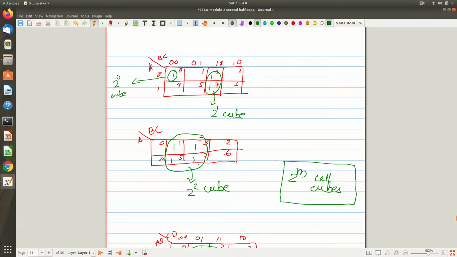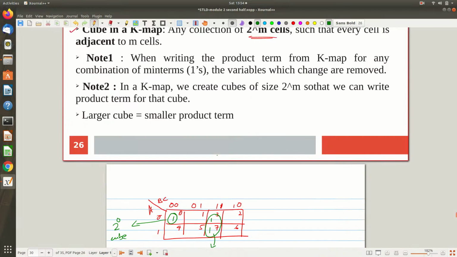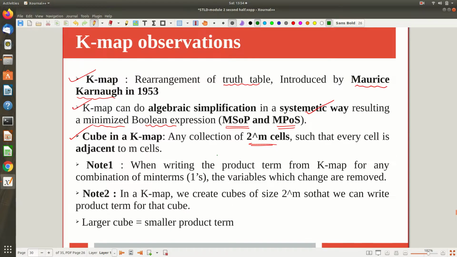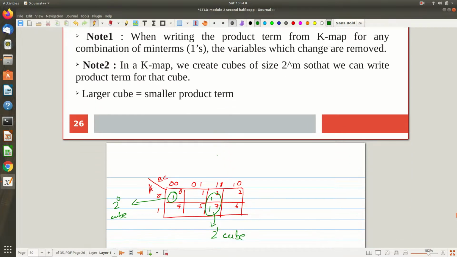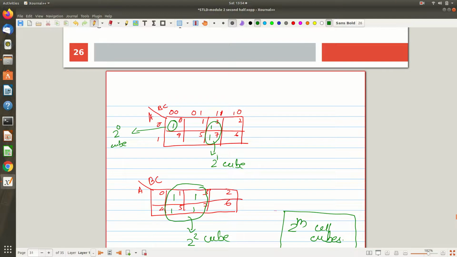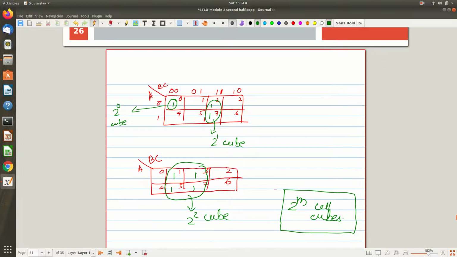Now tell me what the definition is. The requirement is that every cell within the cube should be adjacent to some m cells. Here, in this 2 power 1 collection cube, cell number 3 is adjacent to cell number 7, only one cell, right? It is not adjacent to anyone else because it is a 2 power 0 cube.